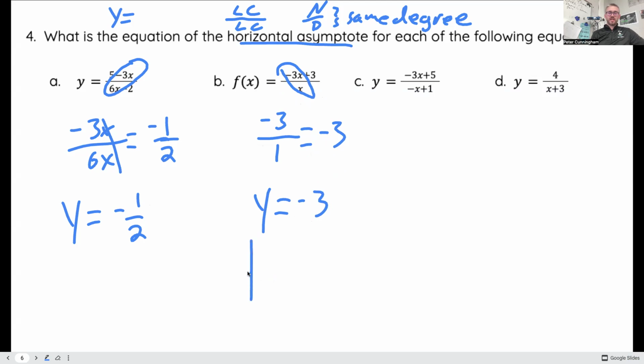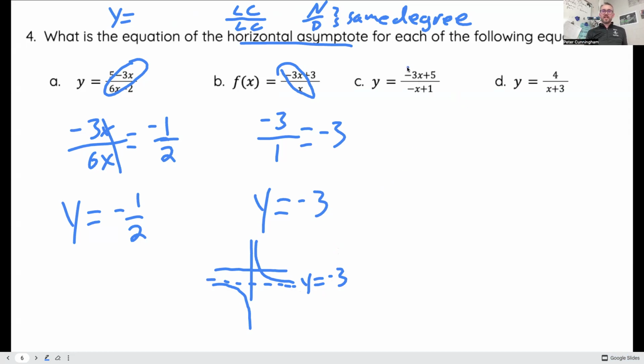So that would be like a graph that kind of looks like this, right? And it has a horizontal asymptote, the spot where it does not get touched, at y equals -3.